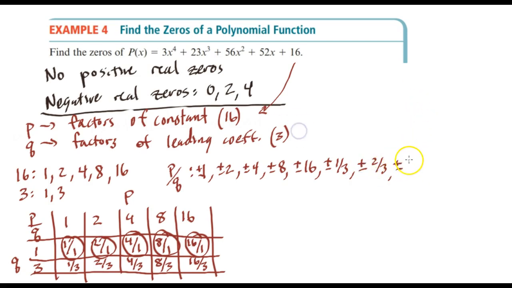Actually, all these are going to be unique. We'll see. Plus or minus 8/3, and plus or minus 16/3.